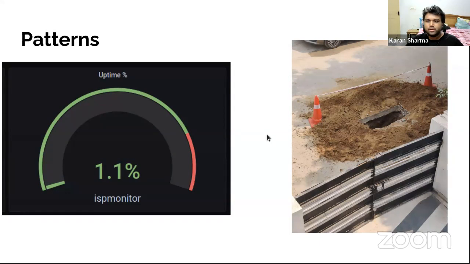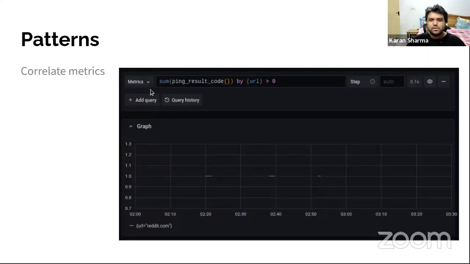So I've not had internet since like the last 30 hours right now, and this is the uptime metric I've captured. This is a 24-hour uptime metric, which was taken in the afternoon. So I still don't have my internet, but at least I have my graphs to see that I don't have internet.